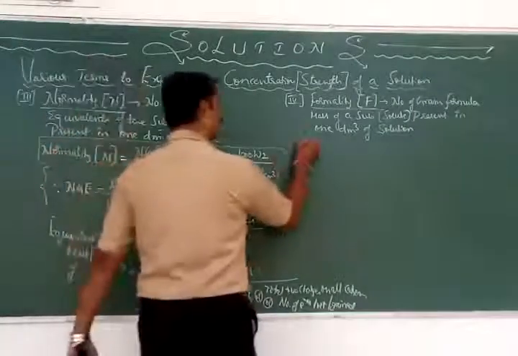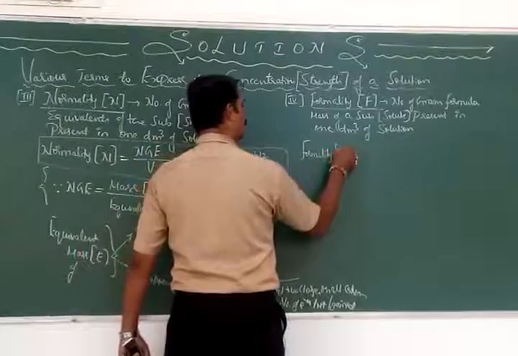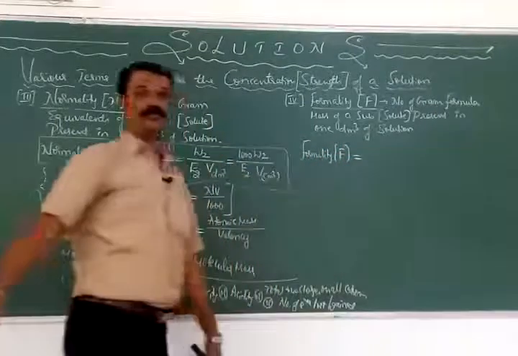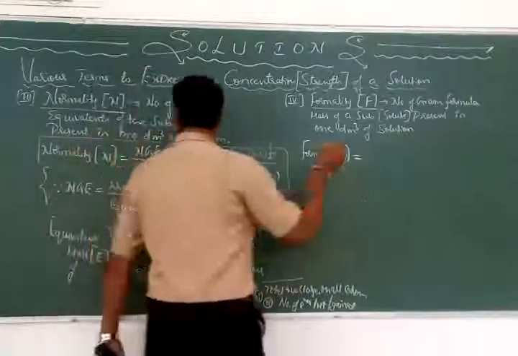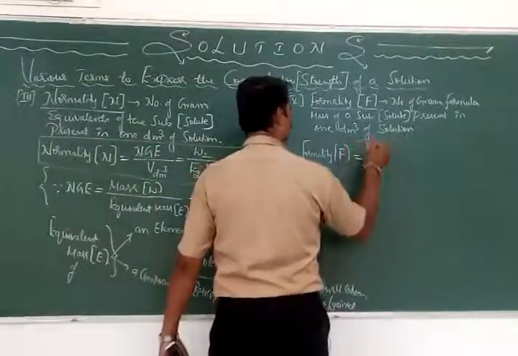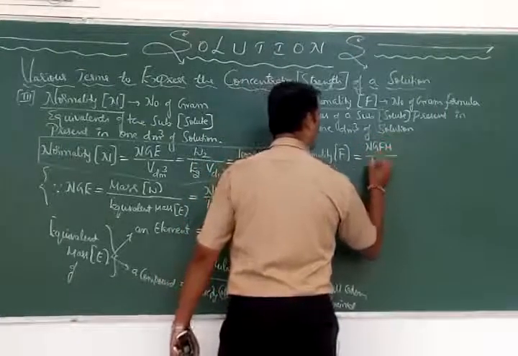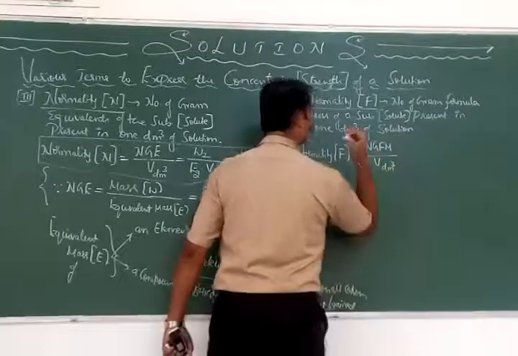So mathematically, formality, with the symbol F, is equal to the number of gram formula mass, NGFM, divided by V expressed in dm cube.